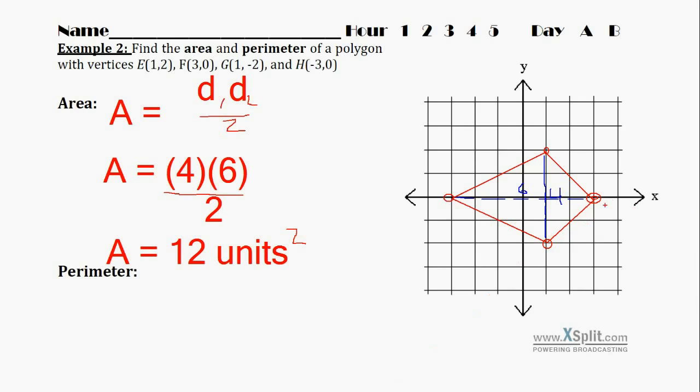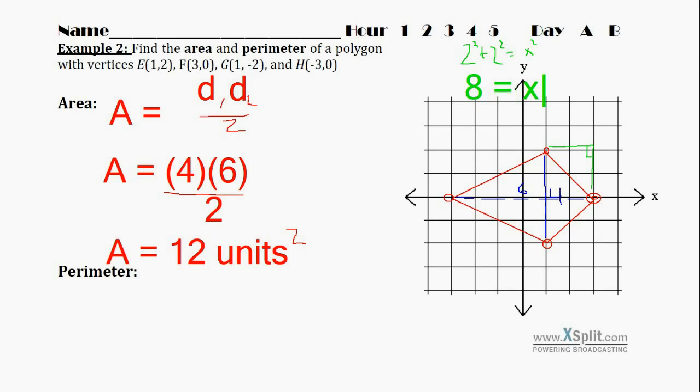Finding the perimeter now. We're going to do what we did last time. I'll draw this in green for a moment. We have another right triangle here, a 2 by 2 triangle, so we could do a calculation. 2 squared plus 2 squared equals x squared. So 4 plus 4 is 8 equals x squared.